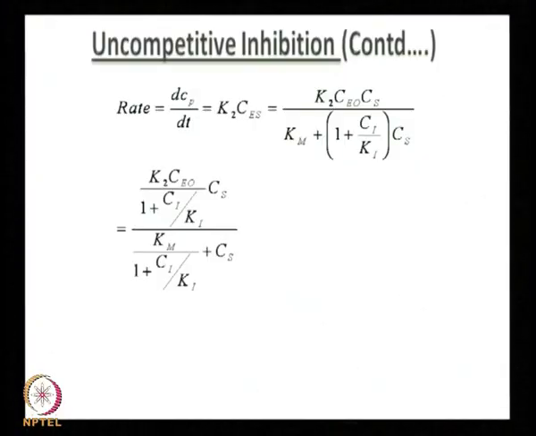Look at the rate equation up there on the screen. You will see that we have been able to revert back to the Michaelis-Menten form. So, for those who were here for the competitive inhibition, what is the difference between the rate we find over here and the rate we had in competitive inhibition?